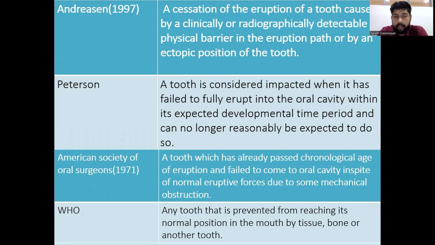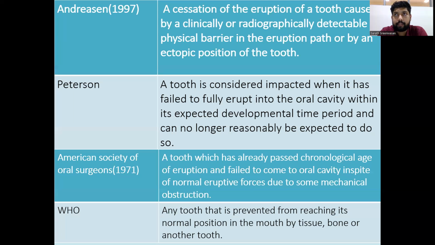According to the American Society of Oral Surgeons in 1971, an impacted tooth is one which has already passed the chronological age of eruption and failed to come into the oral cavity in spite of normal eruptive forces due to some mechanical obstruction. According to WHO, any tooth that is prevented from reaching its normal position in the mouth by tissue, bone, or another tooth is considered impacted.